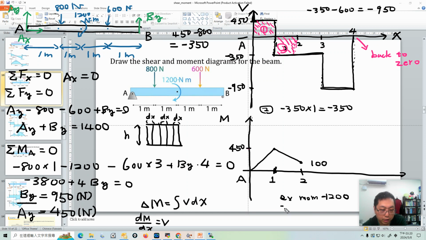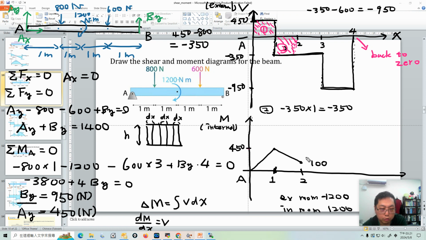That means we have internal moment 1200. I keep saying that in the shear moment diagram, the moment is internal moment, and the shear is external shear. So external moment is minus 1200, which means internal moment is positive 1200.